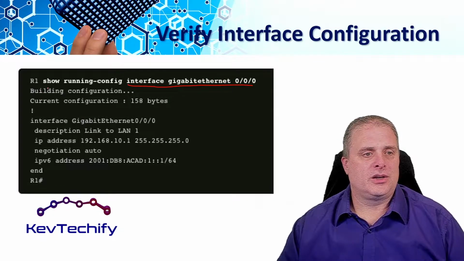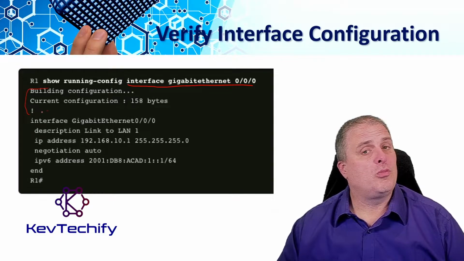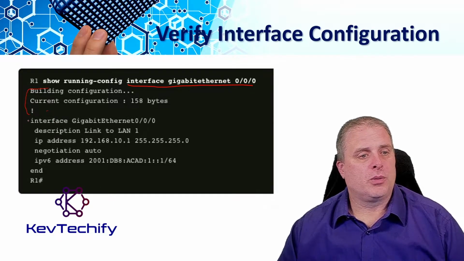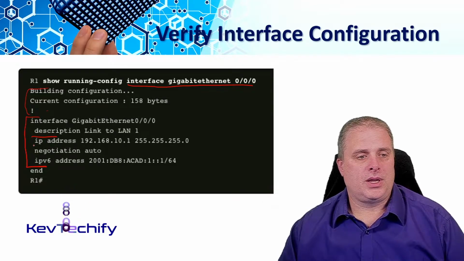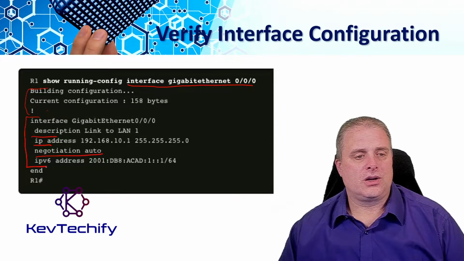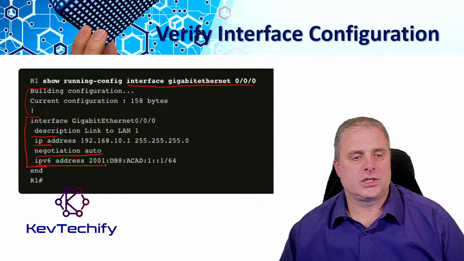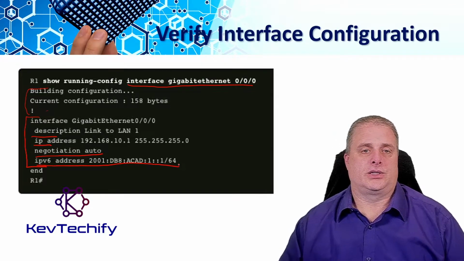And as you can see here, it builds the configurations. There's no output omitted. We basically show you all the settings that are set for this gigabit Ethernet 0/0 interface. We have our description, we have an IP version 4 address, we have the negotiation is set to auto, and then we have our IP version 6 global unicast address.